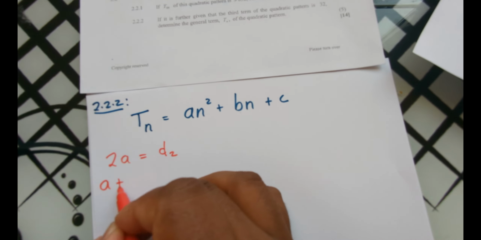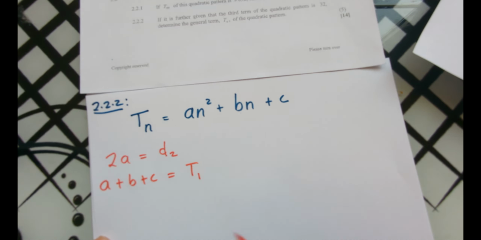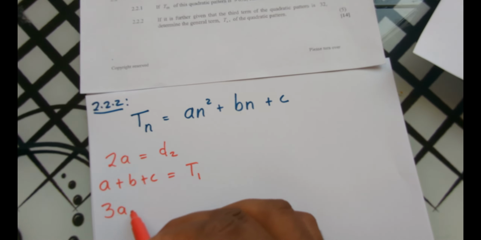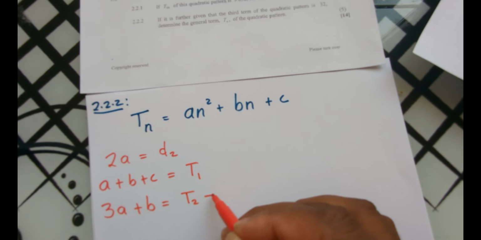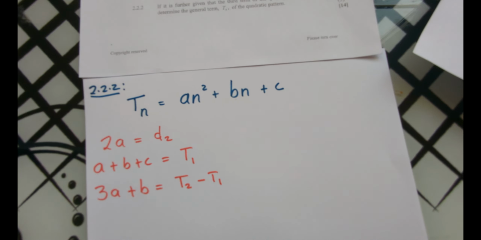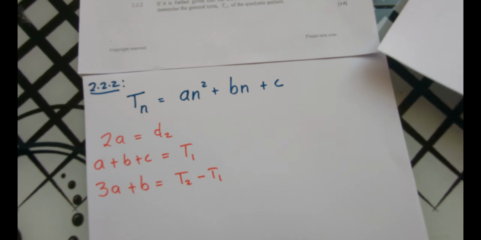We know that a plus b plus c is equal to the first term, t1. And we also know that 3a plus b is equal to t2 minus t1, the first term of the first difference. So now we just need to use these formulas to get our general term.